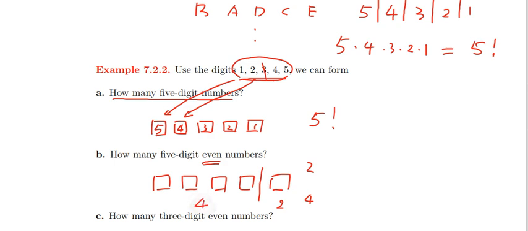So this is 4 factorial. 5 numbers, 5 positions, 5 factorial, right? So 4 numbers, 4 positions, 4 factorial. So let's say how many even numbers: this is 2 times 4 factorial. Okay.